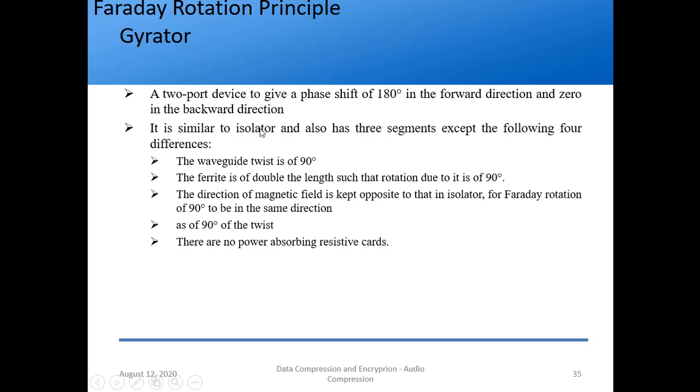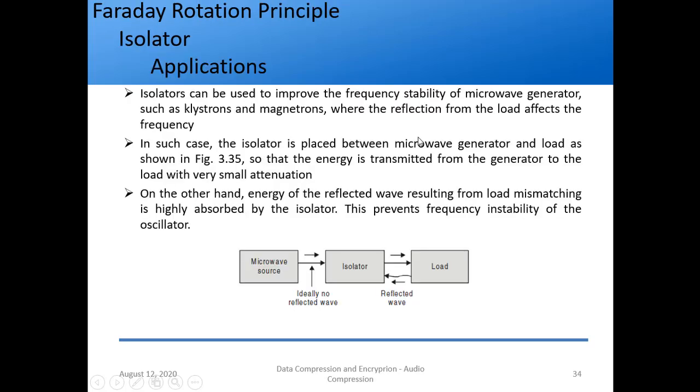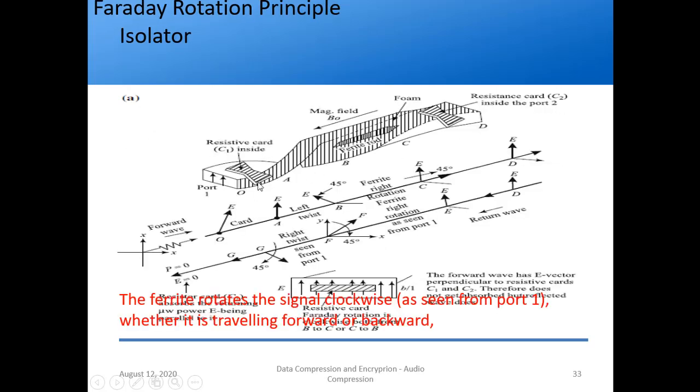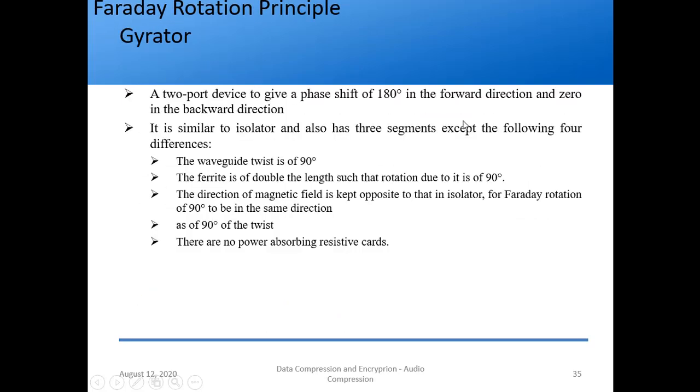Okay, so it is similar to an isolator and also has three sections, the first, second and third, except the following four differences. These differences are very important. You may get a question in the compulsory part: compare isolator and gyrator.